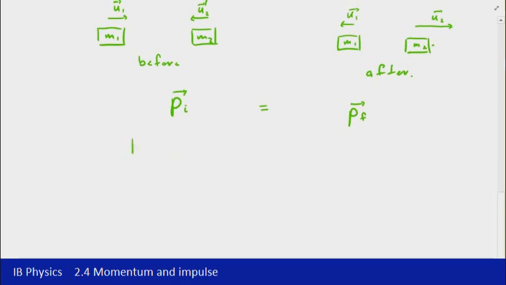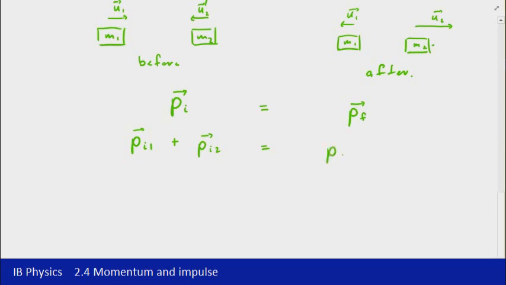So we need to look at the initial momentum of object 1, Pi1, and the initial momentum of object 2, Pi2, keeping in mind that the directions of these momentums are important, but we're still adding them together. So we might say that the positive direction is to the right, so the momentum of the second one would actually be to the left, and so the value of Pi2 would be negative, but we still need to add those two quantities together. It's the sum, or the total, of the momentums.